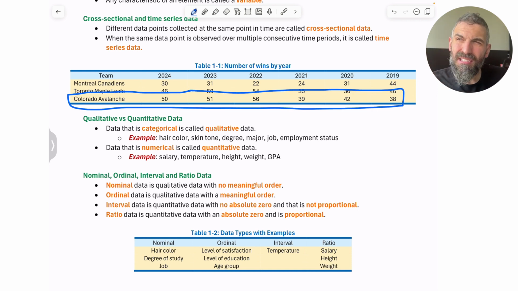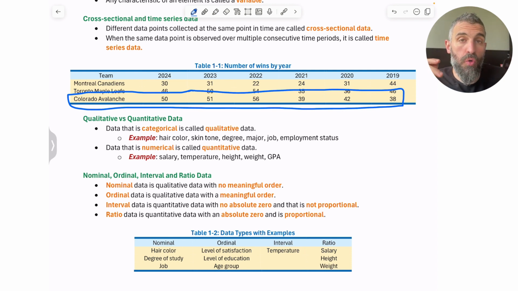And even something that can seem numerical, but that is grouped into categories. For example, if I asked you what age group you're in, right? You've all seen those surveys, where it's like, what age group are you in? 20 to 30, 30 to 40, 40 to 50, 50 to 60. Well, that is still categorical data because the response is a category. It's not a number. So any data that is not a number is considered qualitative.